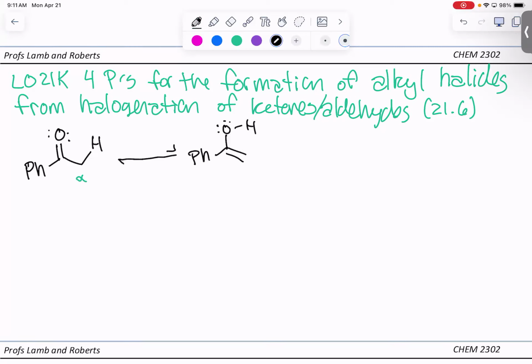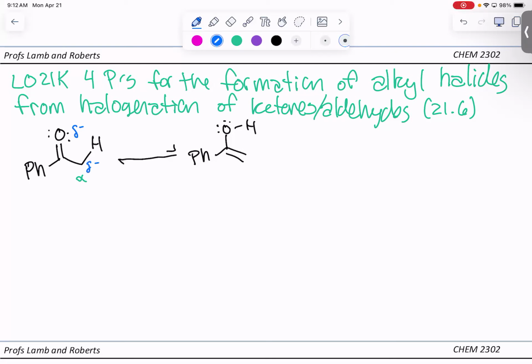And how much of that you would see depends on the electronics of our compound. Sometimes it's so little, like 0.1%, you might not observe it, but sometimes the enol form will actually end up as maybe 10 or 20% in your reaction mixture. All right, so when we're thinking about this, let's think about where our delta minuses are. We know our delta minus is those lone pairs of electrons on our oxygen.